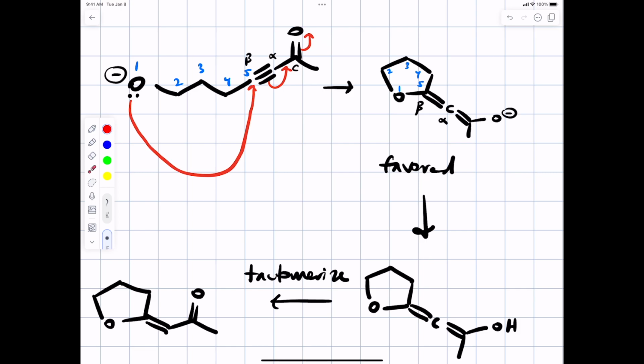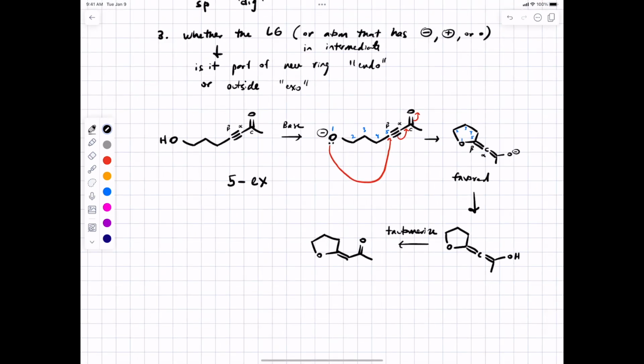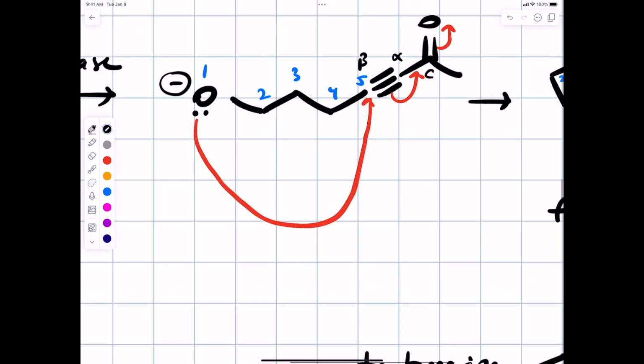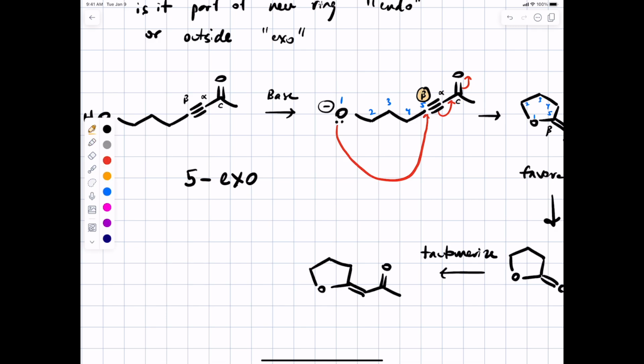Okay, so we call that an exocyclization. So this is a 5-exocyclization. And now we talk about the hybridization of the atom being attacked, which is sp hybridization, right? So we're going to call this a 5-exo-dig cyclization.